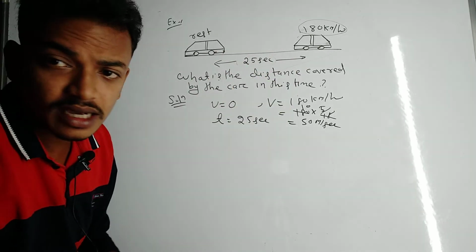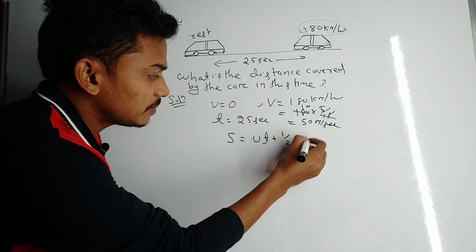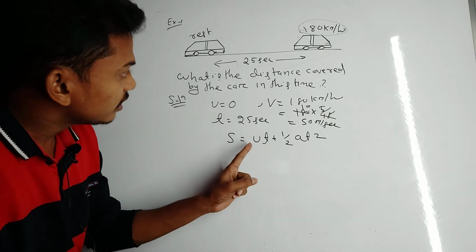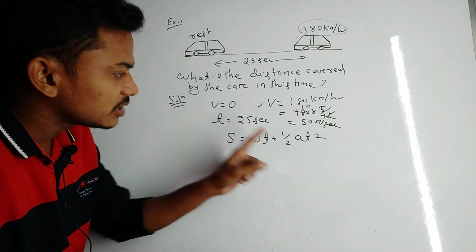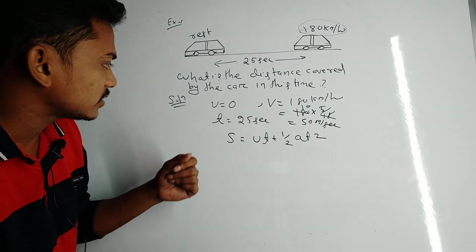The displacement is s equals ut plus half at squared. Here initial velocity u is given and t is given, but acceleration is not given, so you have to find the acceleration first.